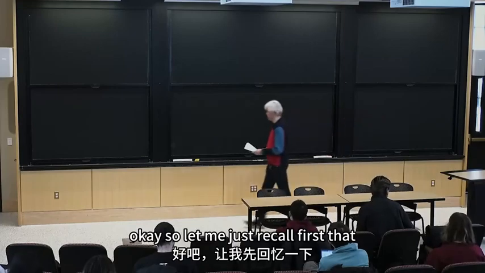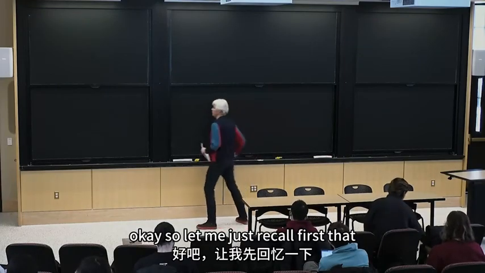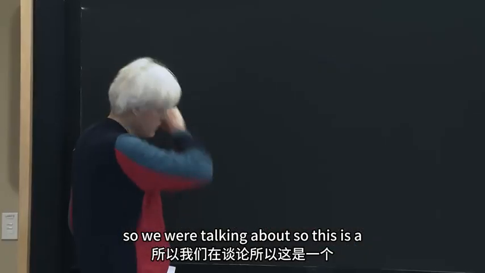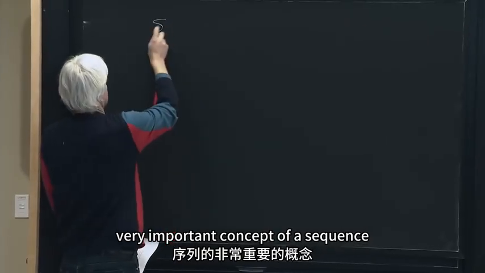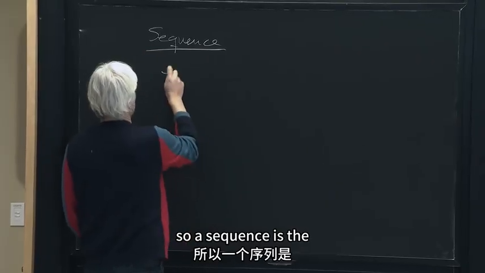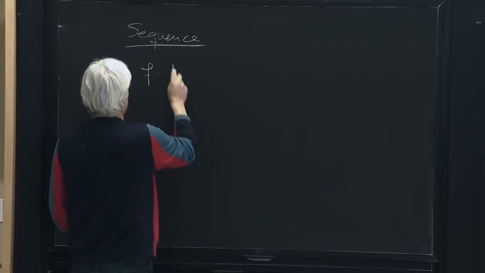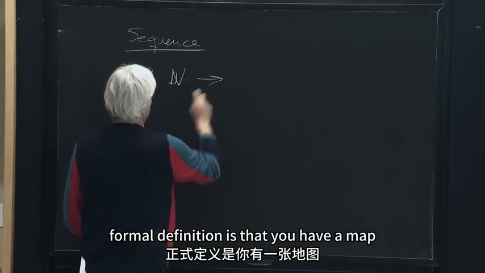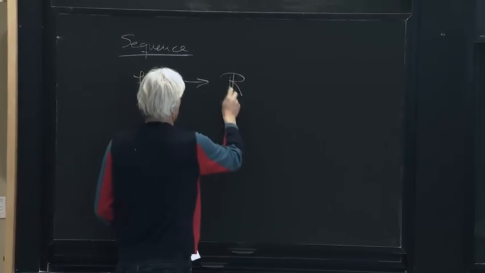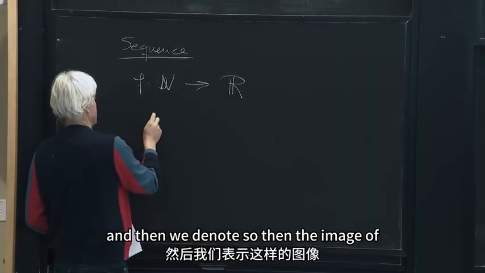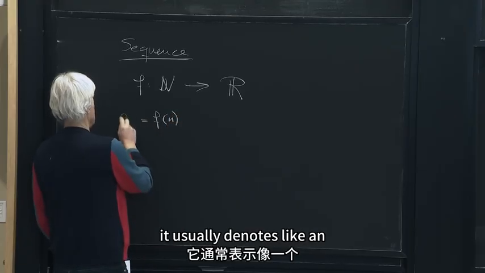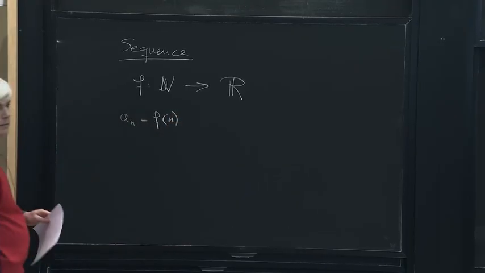Okay, so let me just recall first that we were talking about a very important concept: a sequence. The formal definition is that you have a map from the natural numbers into R. The image of a particular natural number n is usually denoted a_n.